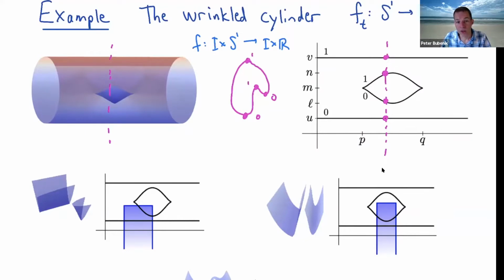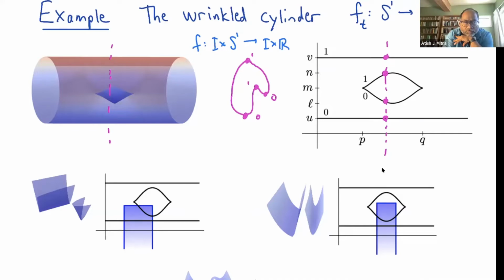And we look at inverse images of parts of the plane. If you like doing sheaf theory, then you might just look at an arbitrary open subset of the plane and look at the inverse image of that. That'll give you a subspace of the cylinder and take the homology of that.